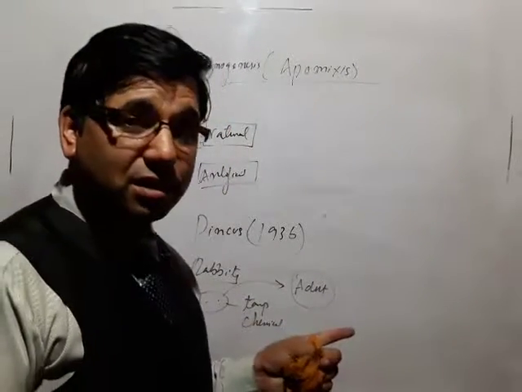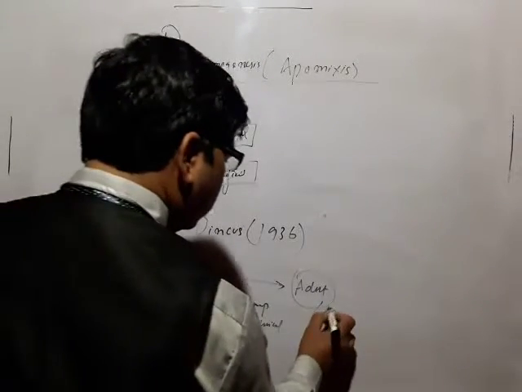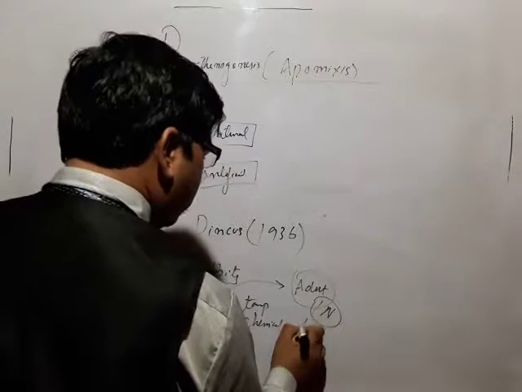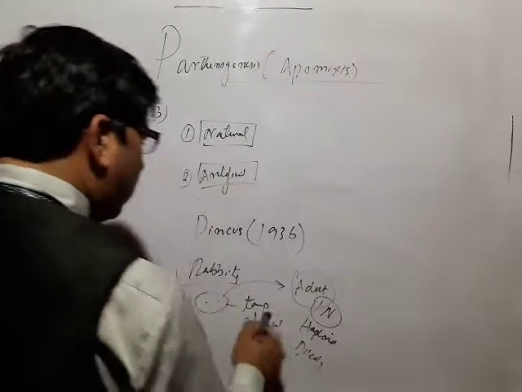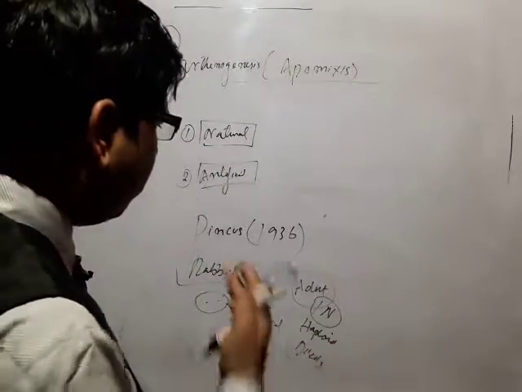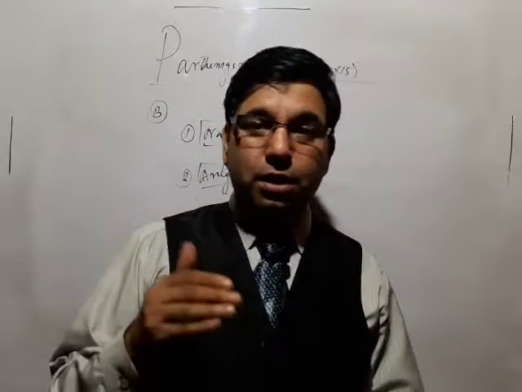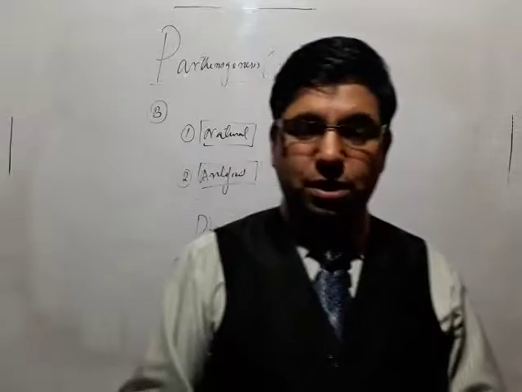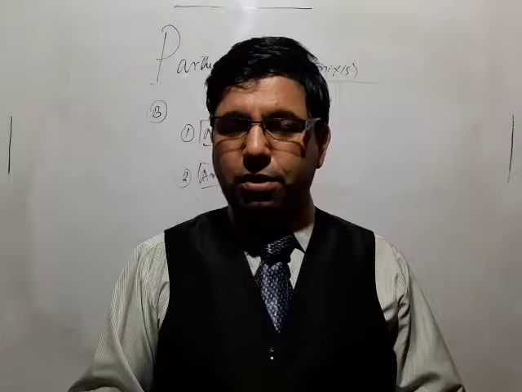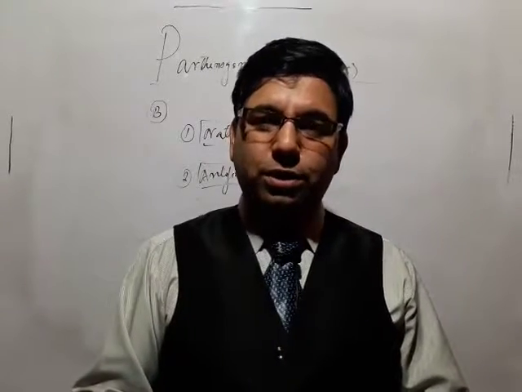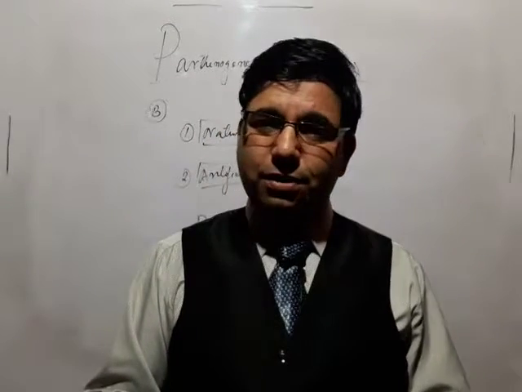But since the adults were haploid, 1N single set, they could not survive, so they died. But what he inferred from the same phenomenon is that we can induce parthenogenesis in any egg. So eggs have the property to get involved in parthenogenesis, undergo cleavage and form individuals.